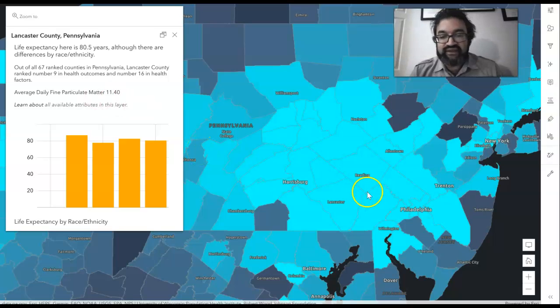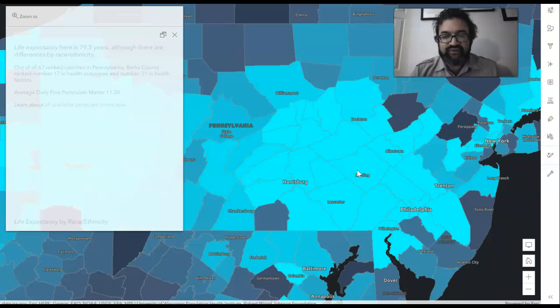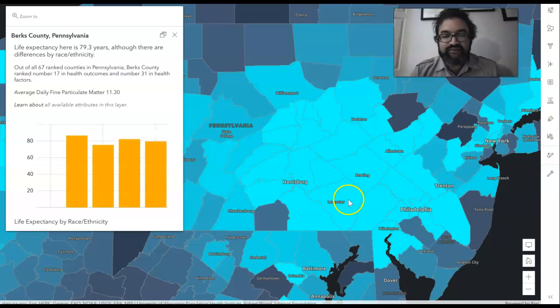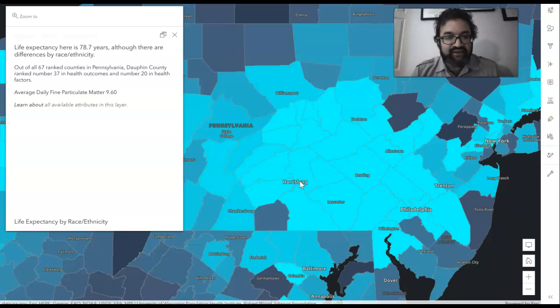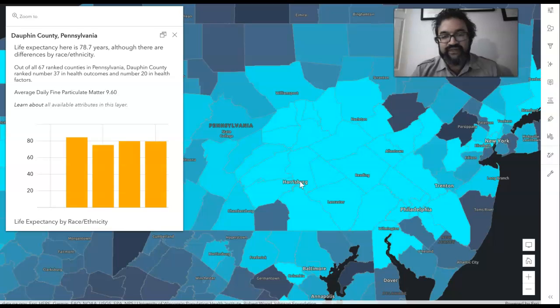If you look in neighboring counties, from Lancaster to Reading, Reading is 11.3, so that's very similar to the 11.4, which makes sense because it's neighboring counties. Now I would expect Harrisburg to not have as much. Let's see if my hunch is correct. And my hunch is correct. So Dauphin County, the fine particulate matter is actually lower than Lancaster County.